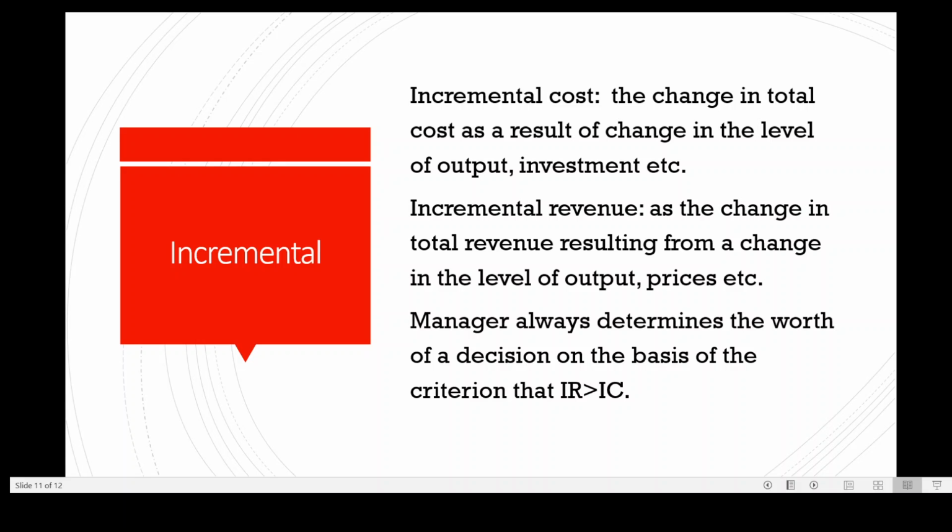A marginal cost refers to the total cost added on by the last unit in the production line. But incremental cost may be changing the product line, introducing a new product, replacing an obsolete machine or equipment, or replacing old modes of production with new methods of production.